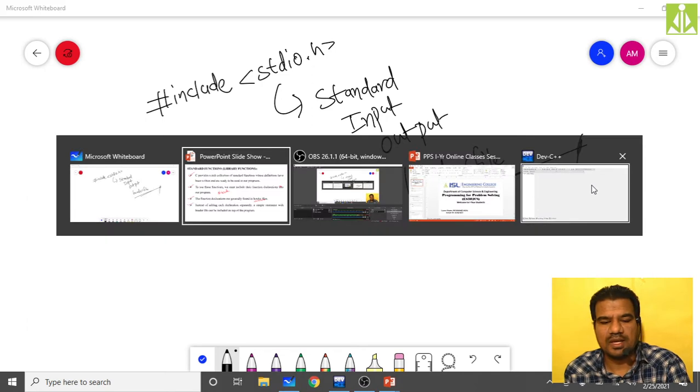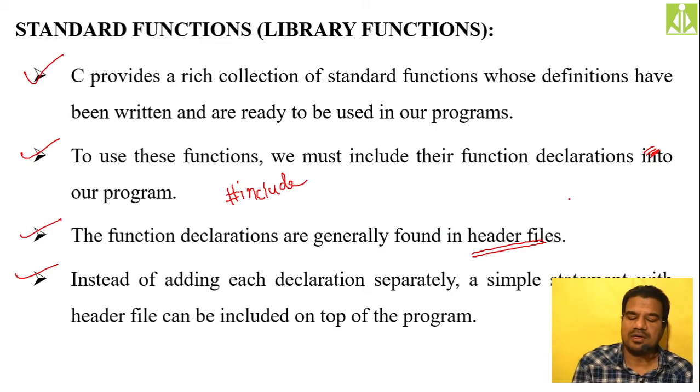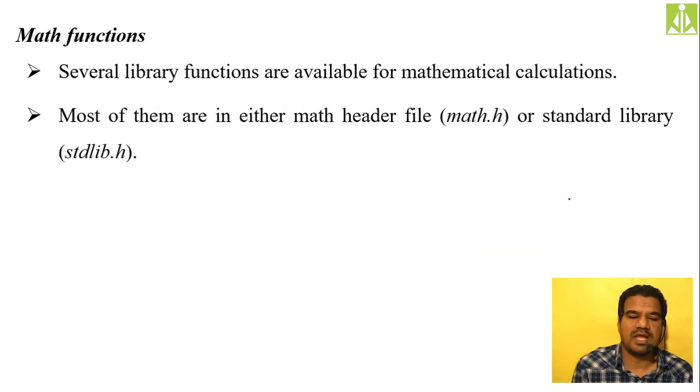Quickly let's go and see our slides. The mathematical category of math functions is also a category under the standard library functions. Several standard library functions are available for mathematical calculations, like finding the absolute value, the rounded value, the power and the square root.